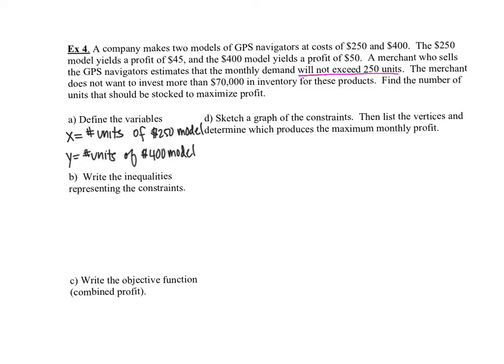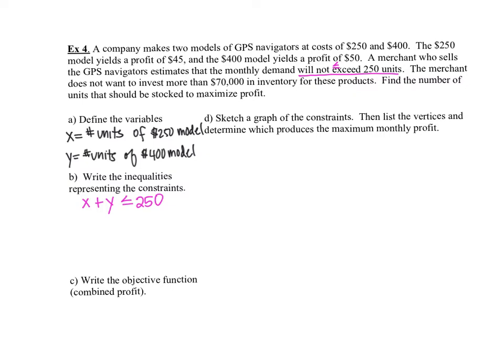Will not exceed means it will not be higher than. If it's not higher than, then it could be less than or equal to. So what do I have? I have the units of the $250 model plus the units of the other model will not exceed 250 units.